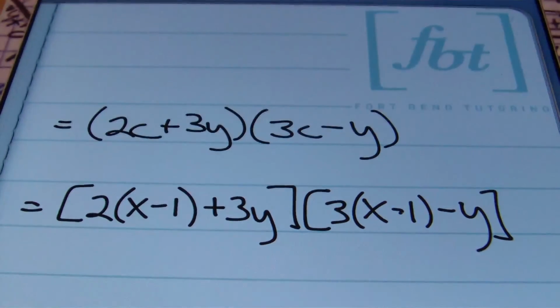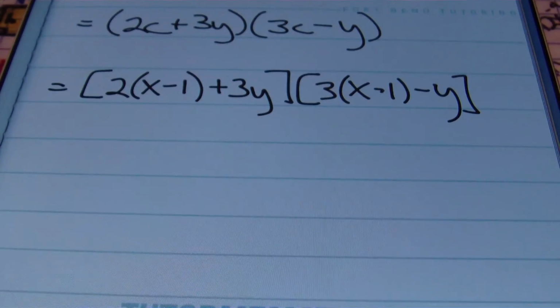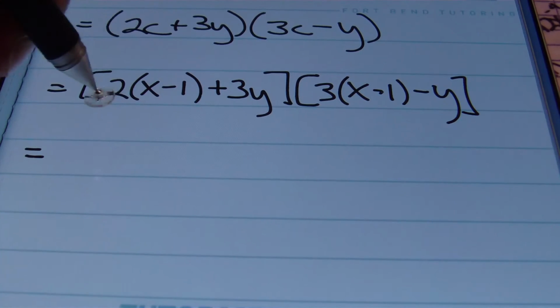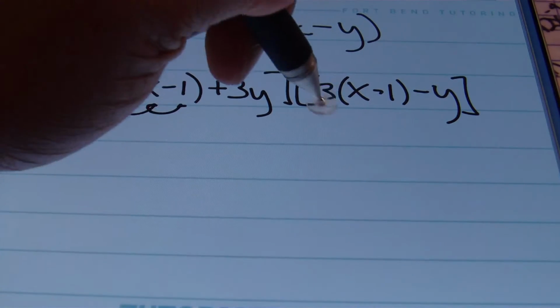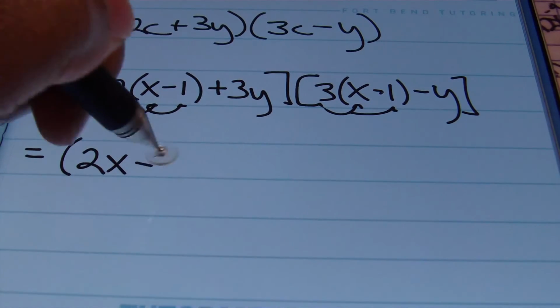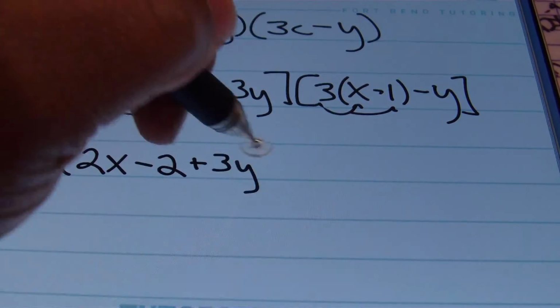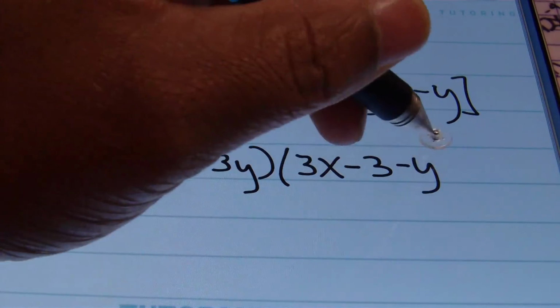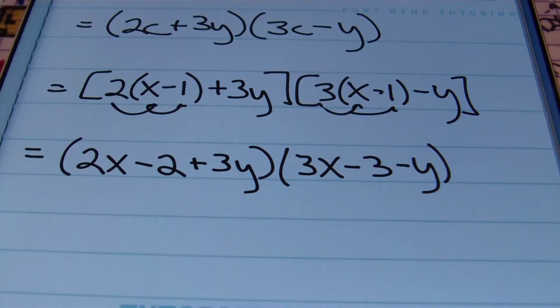All right, so it looks just like that after plugging in that value of x minus 1 for c. So then I need to distribute and simplify this as much as possible. So I'm going to get my arrows popping, all right? And that now gives me a result of 2x minus 2 plus 3y times 3x minus 3 minus y, and this is going to be our answer.